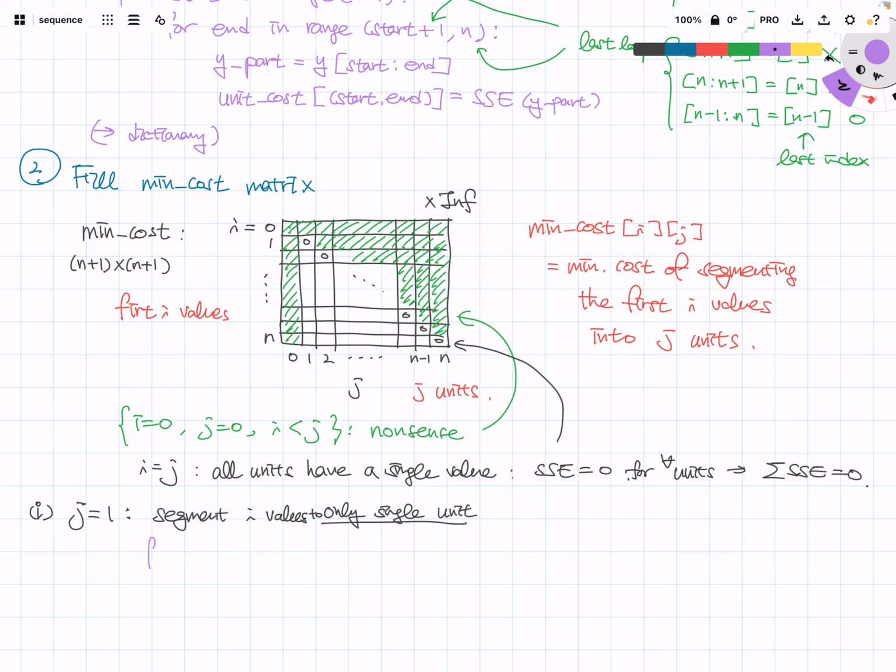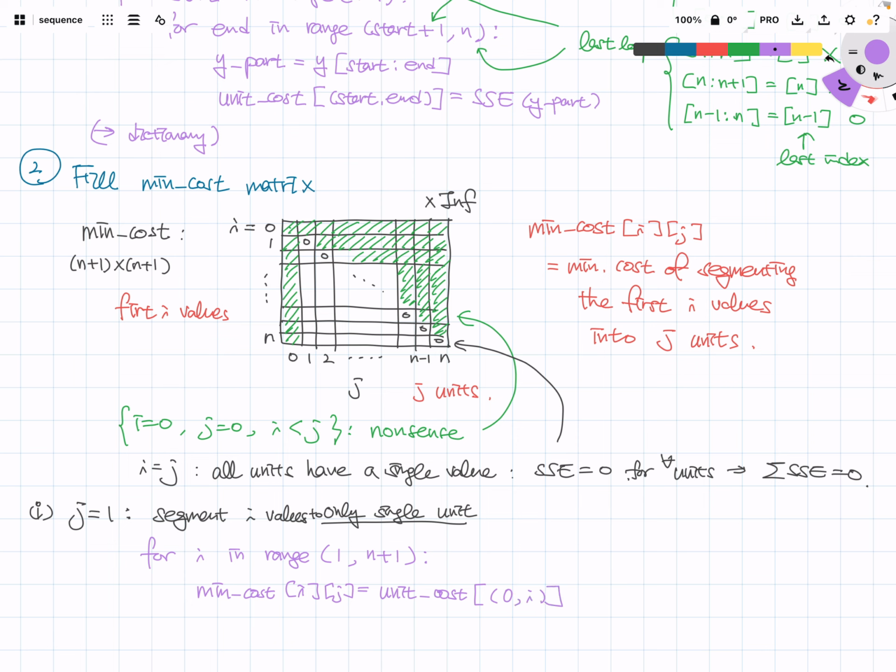So we can write down for i, minimum cost, unit cost, zero and i.